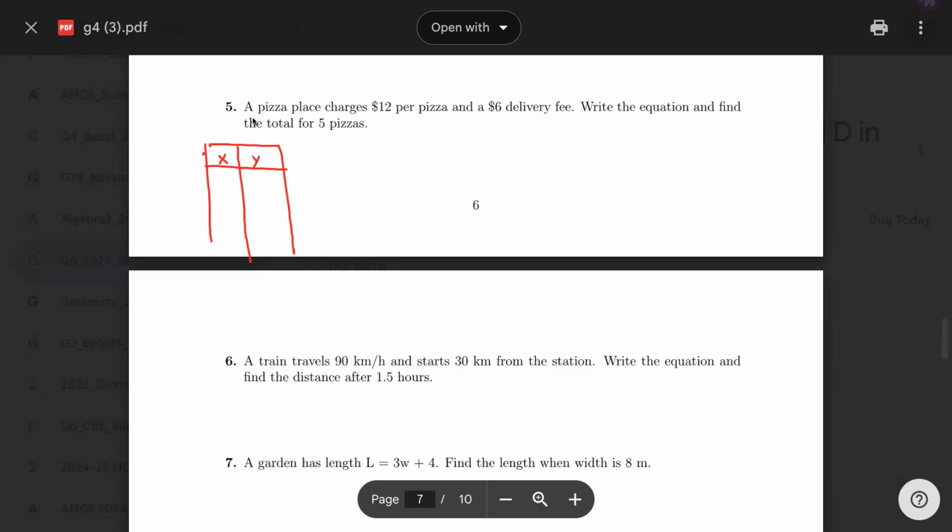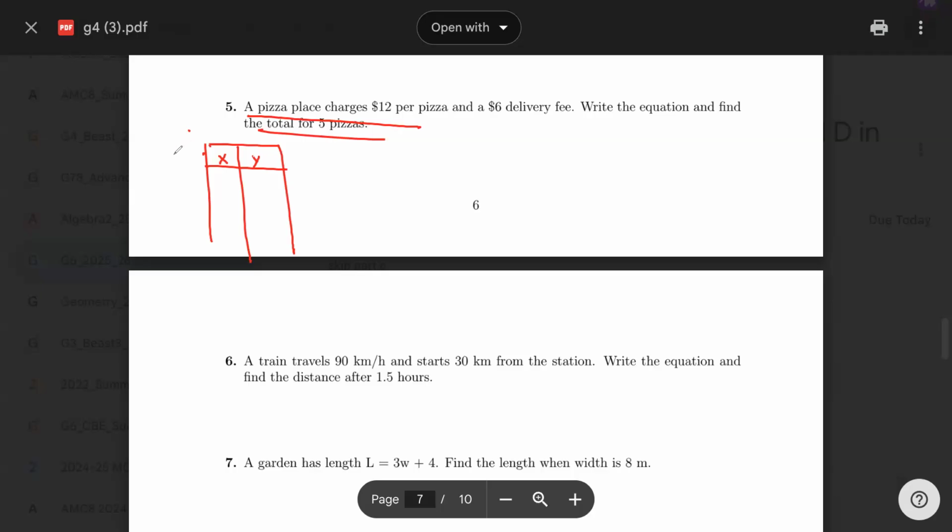What are the two quantities that are being discussed? Pizza and the total price. Pizza and money. Pizza and total price.